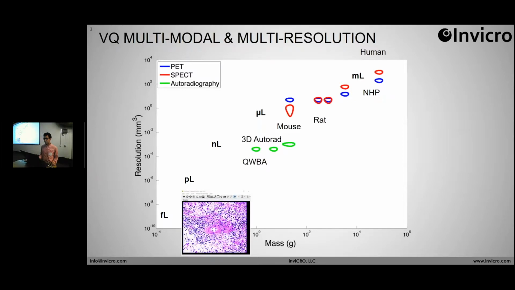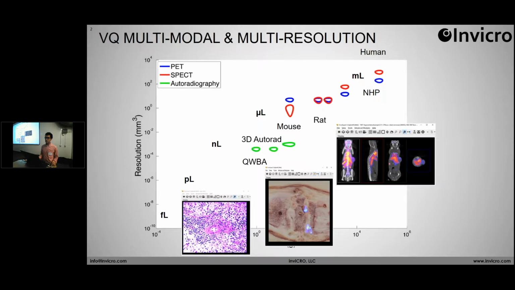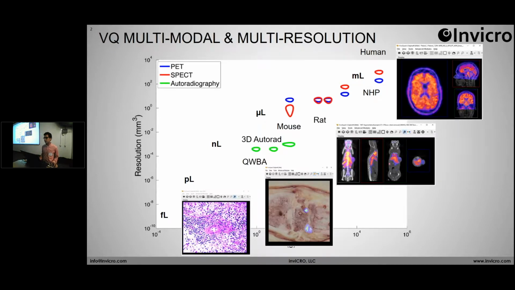We now have images across a variety of formats, a variety of scanners, all the way from the small histology scale to human-sized patients, and VivoQuant is able to support really the breadth of the spectrum, and thus its multimodal and multi-species ability to visualize and analyze is one of its core strengths.